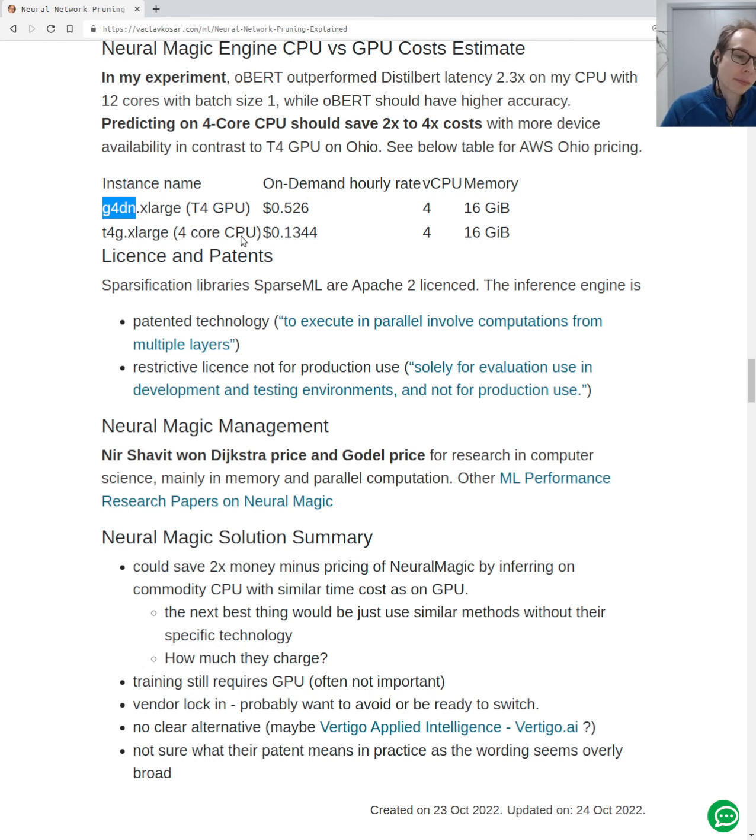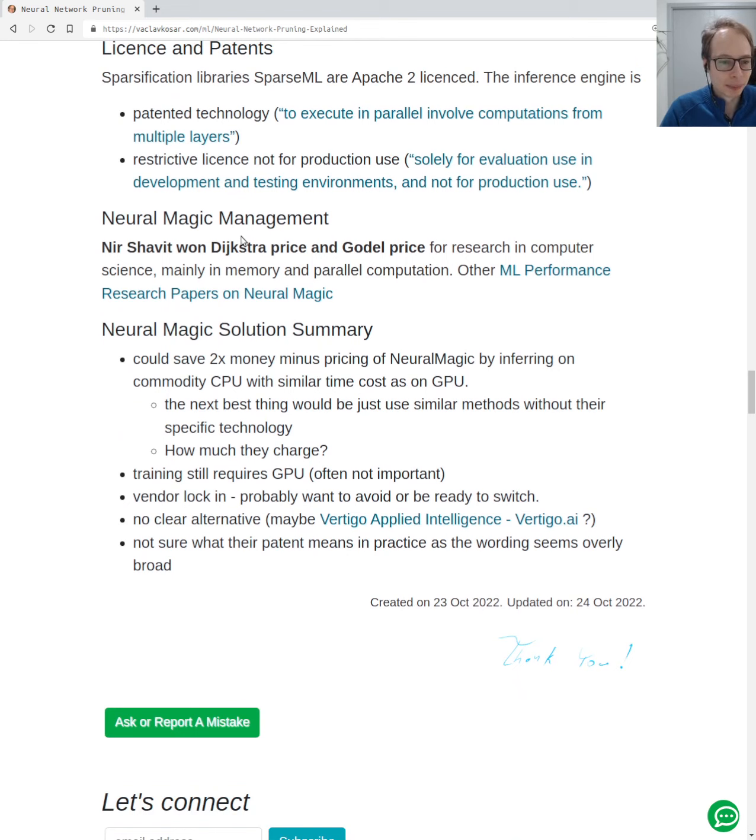Again, as mentioned before, some parts of the Neural Magic code are open source under an Apache 2 license, but the inference engine itself is patented technology, and I don't fully understand how these patents work. This in particular is patented technology, and it has a restricted license, not for production use, and there is some sort of pricing if you want to use it for production.